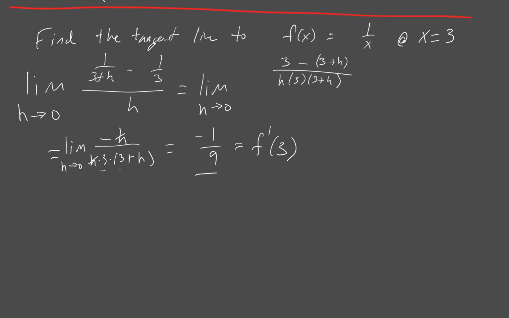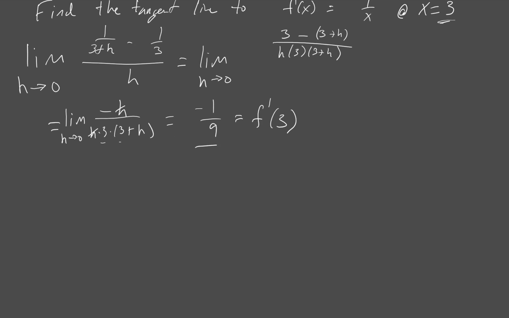I've got my slope. I can get a point on the function by plugging in 3 and getting 1/3 out. So I've got a point on the function at (3, 1/3), and I've got a slope of 1/9 with a minus sign on it, right? So my tangent line is the line with that slope through that point.